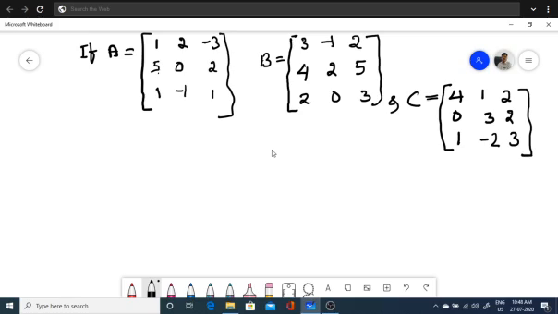So these are the matrices. All the matrices are of order 3 by 3.